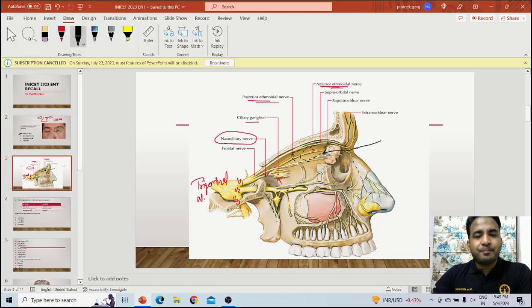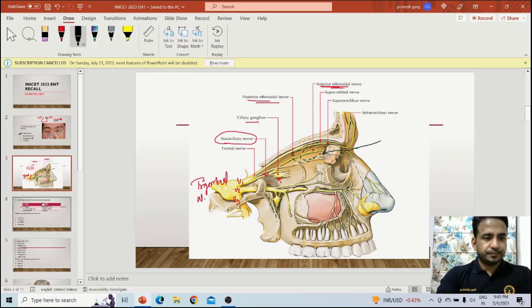Here you can see the maxillary nerve entering, forming a ganglion known as the sphenopalatine ganglion because it is between the pterygoid plate of the sphenoid and the palatine bone. From this fossa, the maxillary nerve then comes out as the infraorbital nerve, running in a fissure in the superior surface of the maxillary sinus, and then comes out from the foramen and spreads its branches over the cheek and over the lateral surface of the dorsum of the nose.